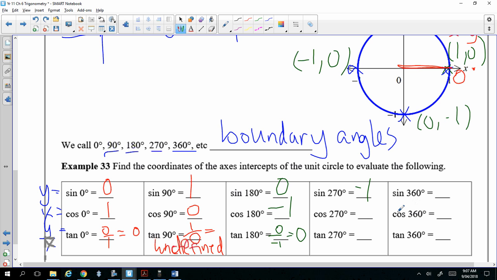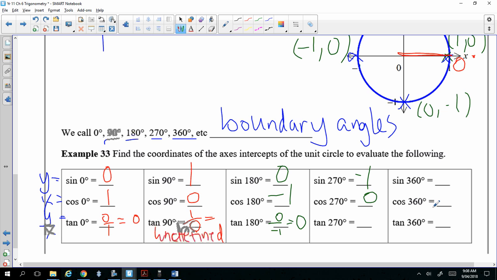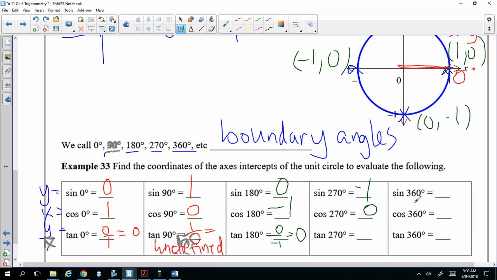And then Katrina, cos 270. 0, good. And then we're going to do tan 270. Let me ask Marjolaine. Undefined, yes. So you get 0 in the denominator, you say undefined. Okay, good. Next one, sine 360.